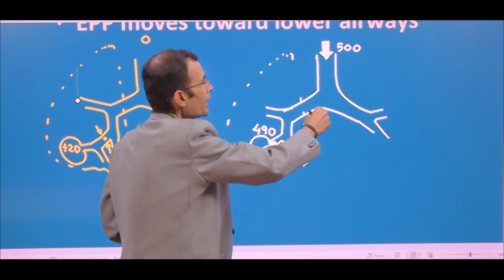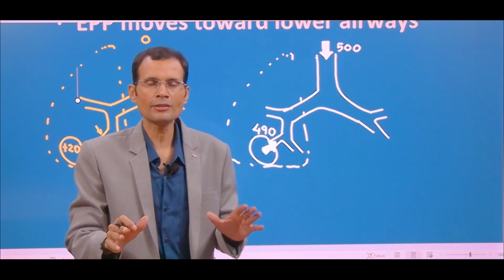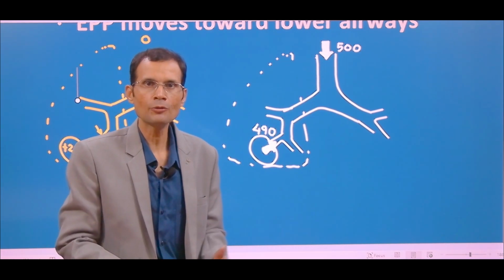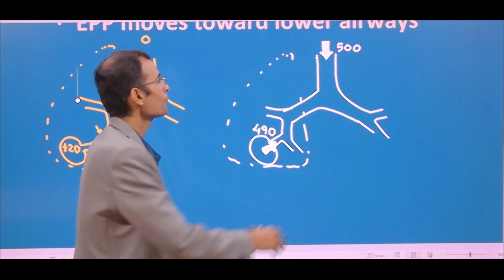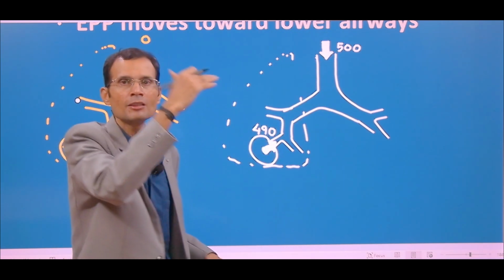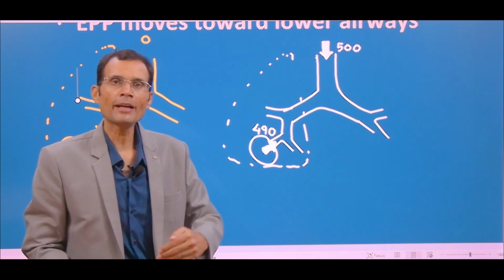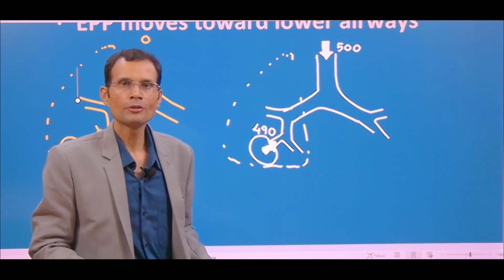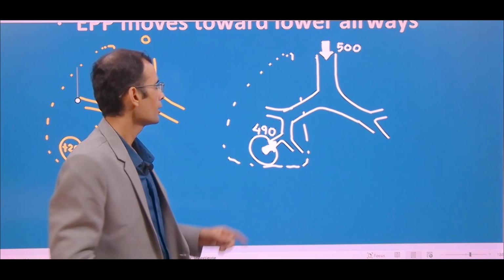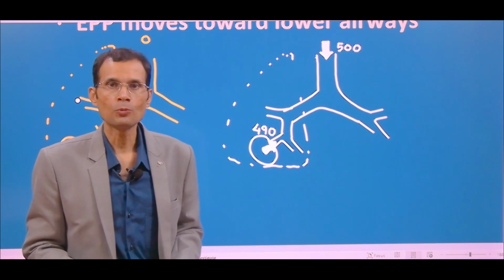Suppose you inhale 500 ml of air. This is just for the sake of understanding; we are taking some arbitrary figures. You have taken in 500 ml. Now normally you are expected to exhale the same amount, 500 ml, but that does not happen now.